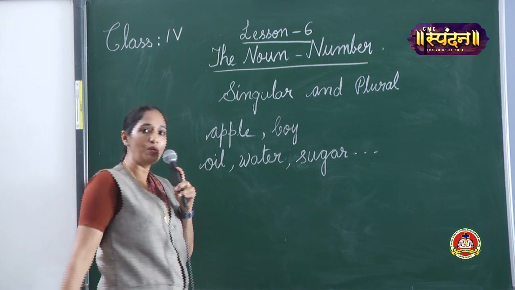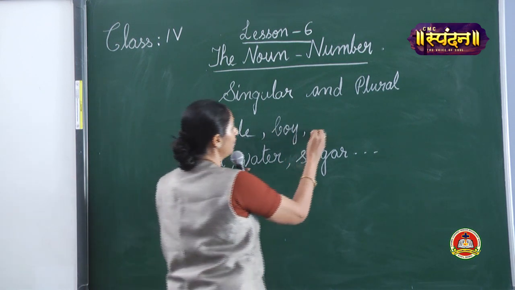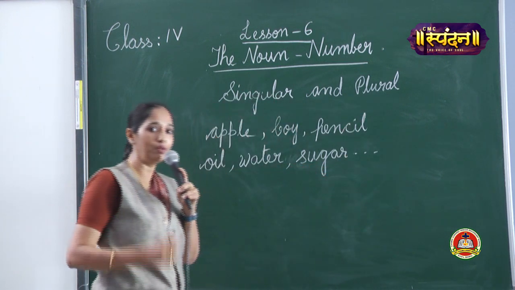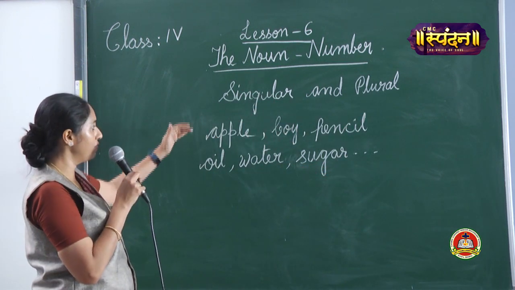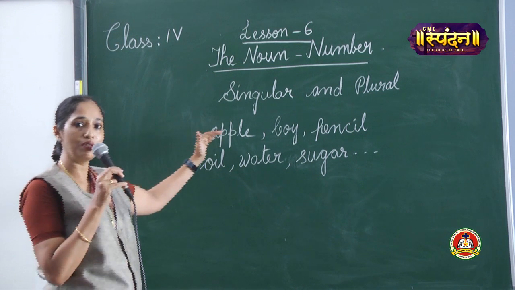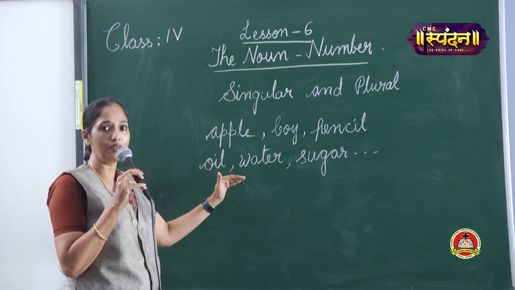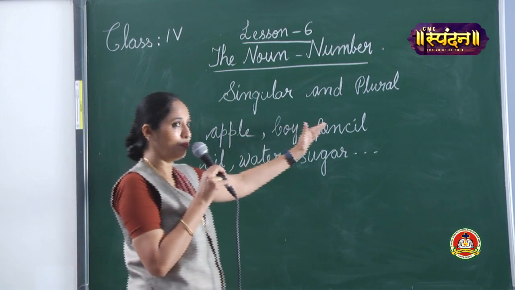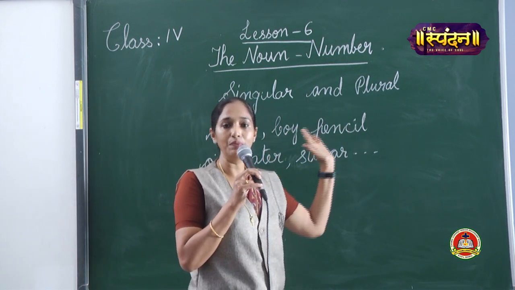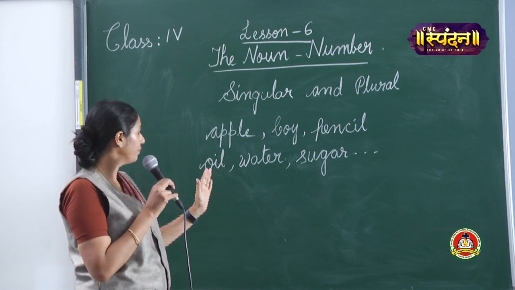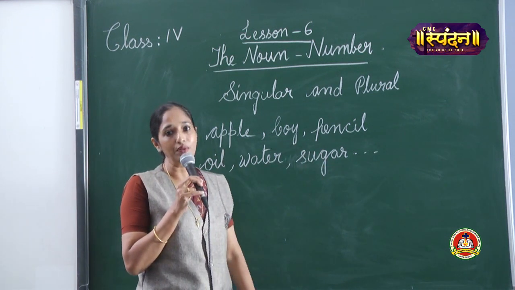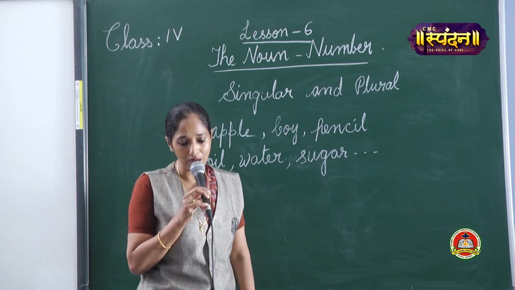Boy is a countable noun. Pencil is a countable noun. So I have written the examples of countable nouns and uncountable nouns on the board. Apple, boy, pencil are examples of countable nouns. Oil, water, sugar are examples of uncountable nouns.